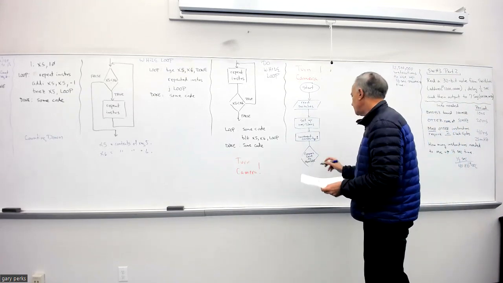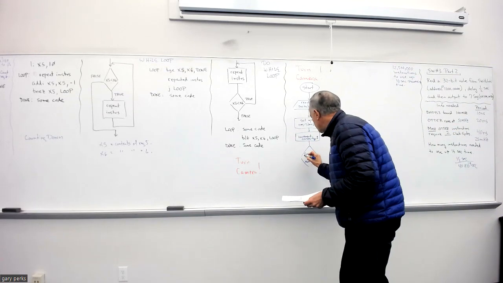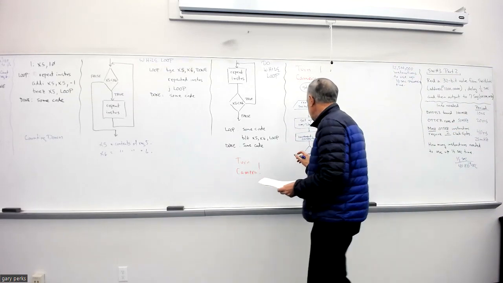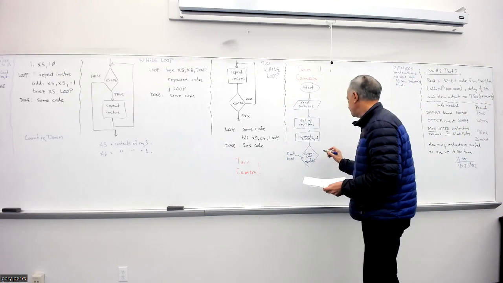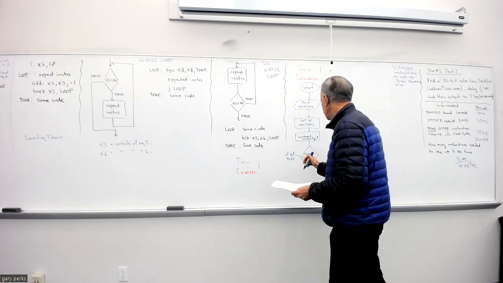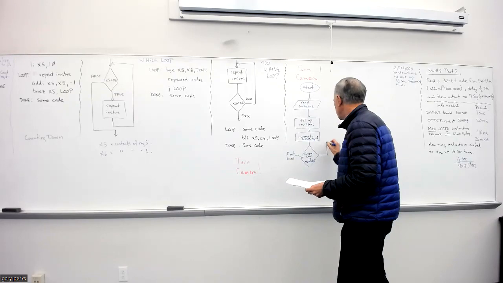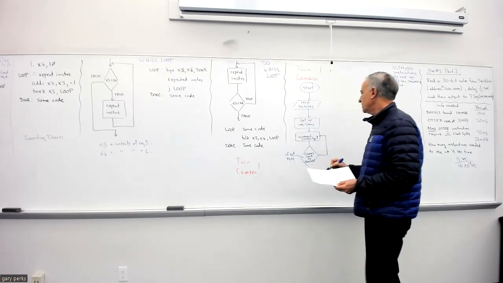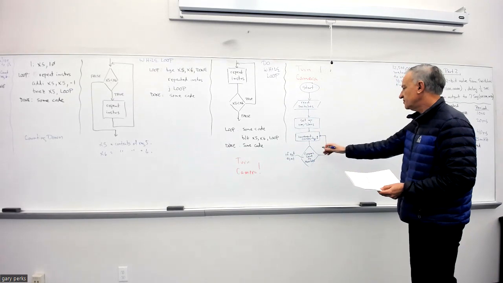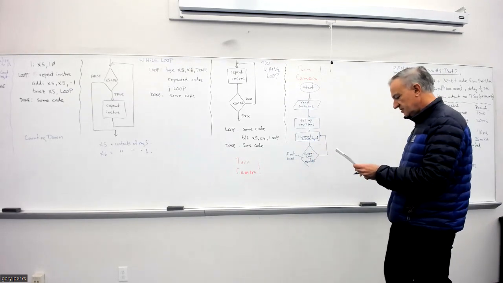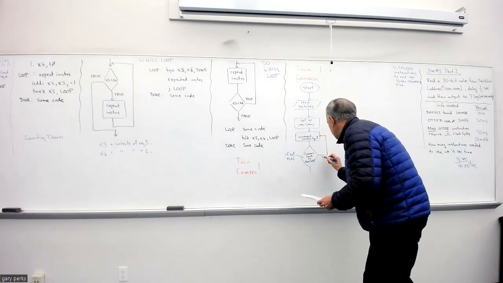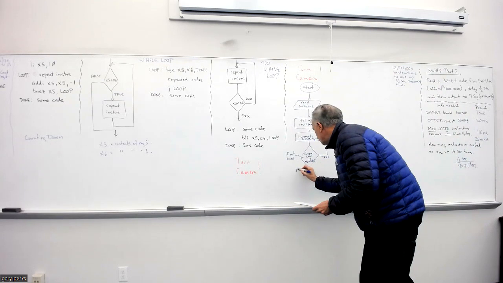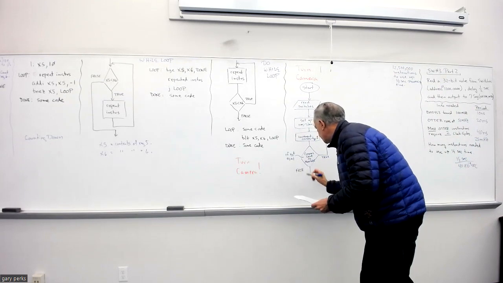I didn't make this big enough, but over here, if not equal, we're going to go back up here. Increment the counter again, and there'll be repeated instructions here. So if it's not equal, we do this. If it is equal, fall out of the loop.